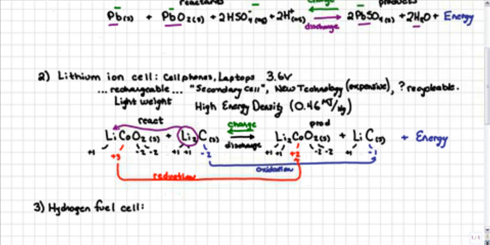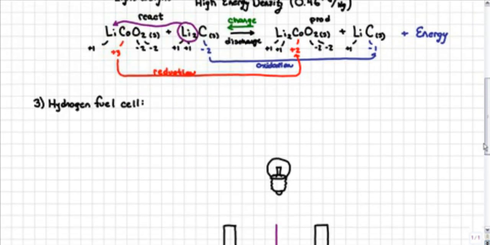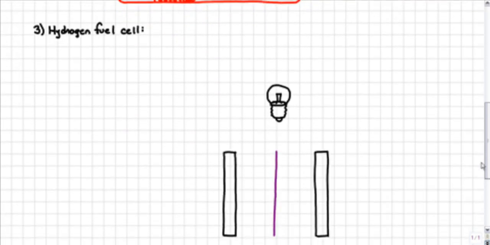Now, the last example of energy-producing redox technologies that we'll look at is the hydrogen fuel cell. Now, the hydrogen fuel cell has an interesting history. It is efficient. It creates energy very efficiently. It is clean. It is also relatively lightweight.